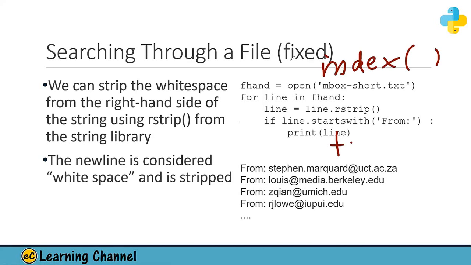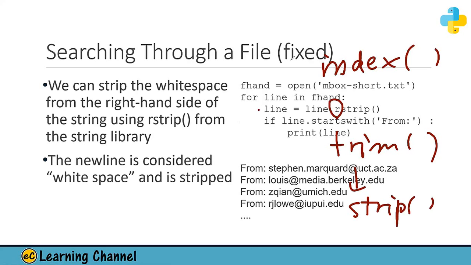The string function in Python will be strip, okay? And strip, you have left strip and right strip. Right strip means you strip out A, B, C, the right side extra characters. It's okay. That's rstrip. rstrip is right strip. So you also have an lstrip that strips out the left side data. Is that okay?